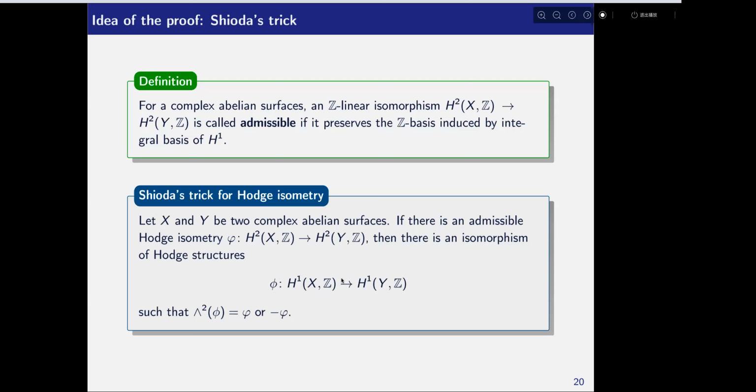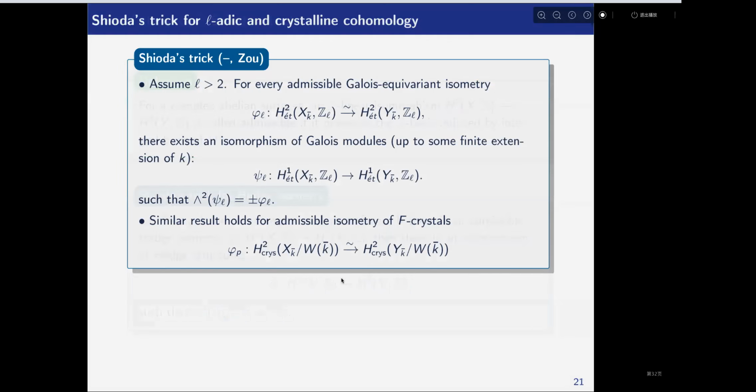So what we do is we generalize Shioda's trick for l-adic and crystalline cohomology. Basically, when l is larger than 2, and our result is not just for positive characteristic, it's also for any field, even characteristic 0. So for l greater than 2 and every admissible Galois equivariant isometry, there will exist some isomorphism of Galois modules on H1.